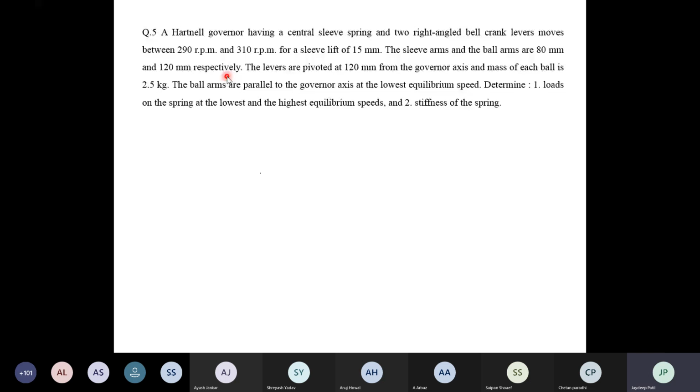The levers are pivoted at 120 mm from the governor axis and mass of each ball is 2.5 kg. Now what is this 120 mm? Which radius? Minimum, maximum or intermediate?